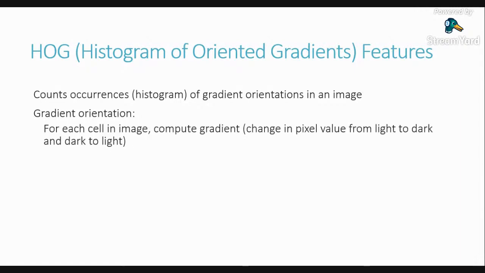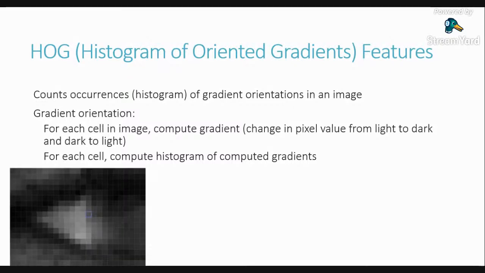We divide the image into different cells, and for each cell we compute the gradient. The gradient is the change in pixel value from light to dark region or dark to light region. After computing the gradient, we compute the histogram of these gradient values. The gradient is a value that comes from subtracting pixel values from light to dark regions. So let's see.